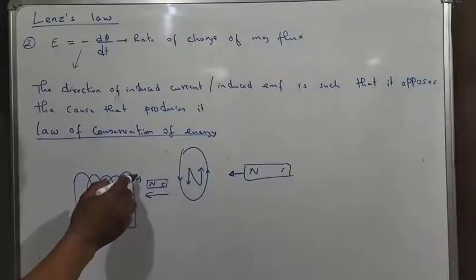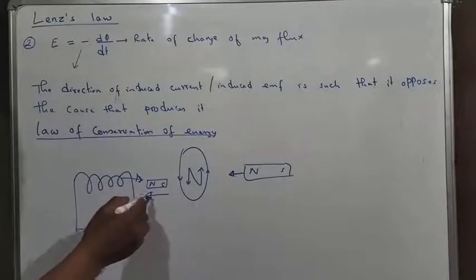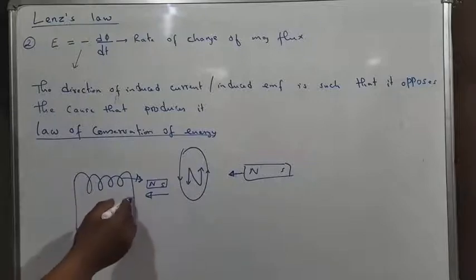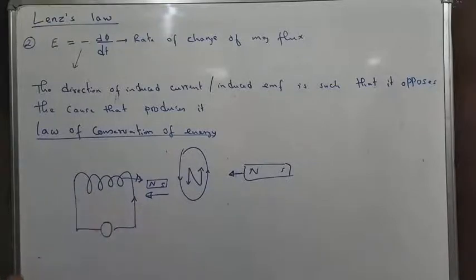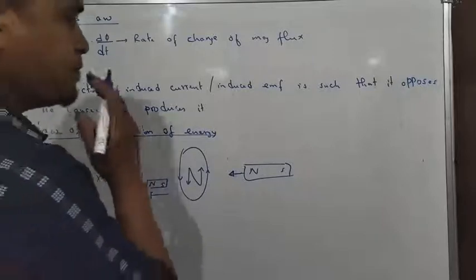But that mechanical energy will appear in the form of electrical energy in the coil. That is how this Lenz's law is also known as the law of conservation of energy.